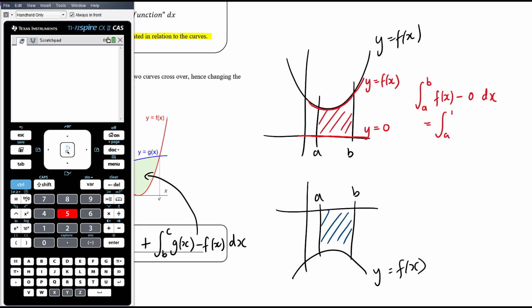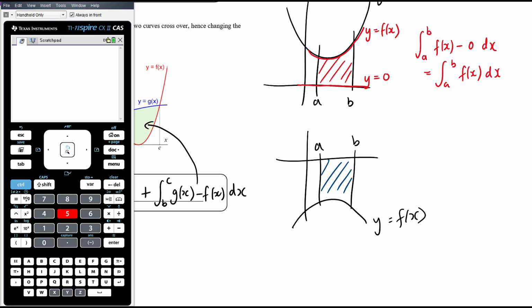And so it's just the integral from a to b of f of x with respect to x. If we think about this, the top curve here is the x-axis, which is y equals 0. The bottom curve here is y equals f of x. And so this is the integral from a to b of the top curve, which is 0, minus the bottom curve, which is f of x.